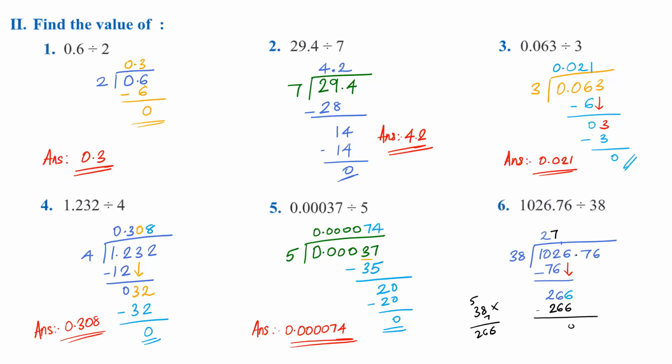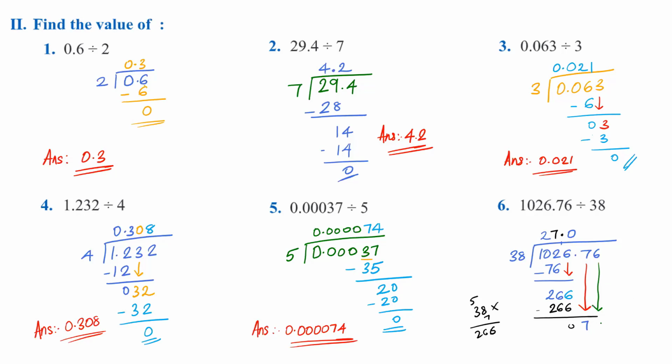Now here there is a point. Yes or no? Here comes the point. If it comes, you can put the point in the answer itself. Now what is the carry here? The carry will be 7. So take that 7 down. Now is 7 divisible by 38? No. So I should put a 0 there. If I put a 0, you can carry down the next number as well.